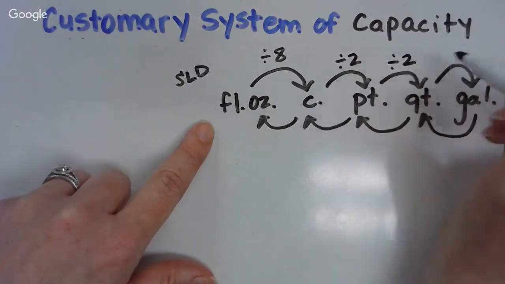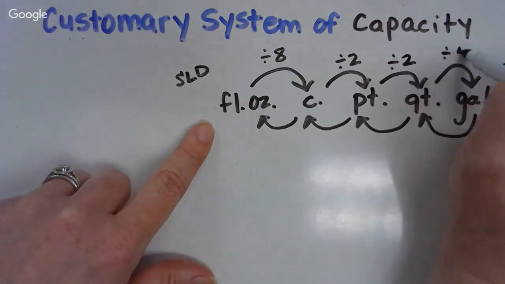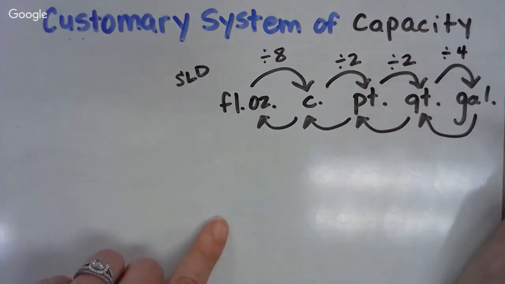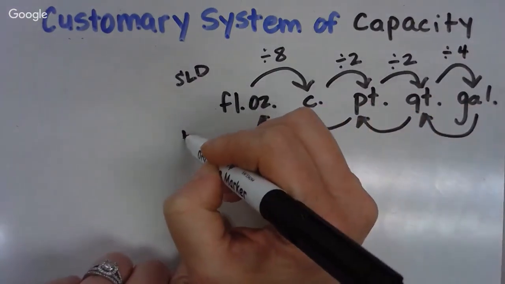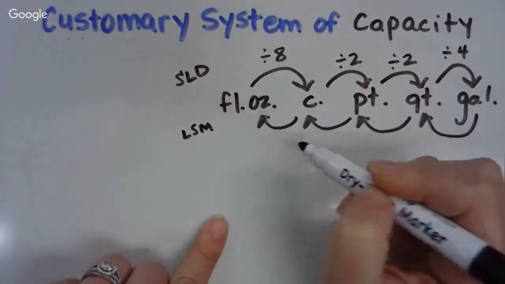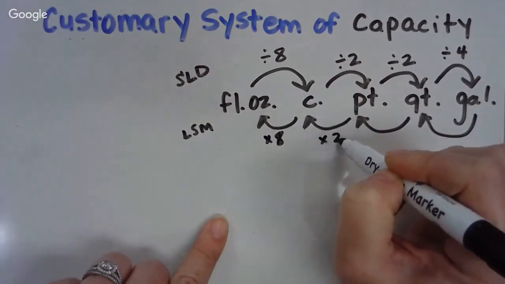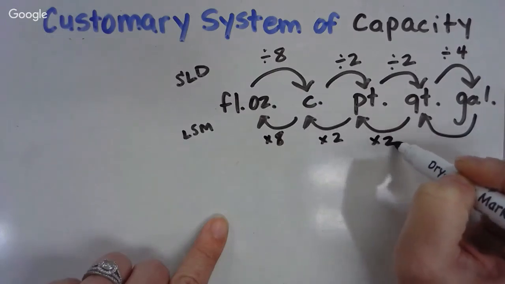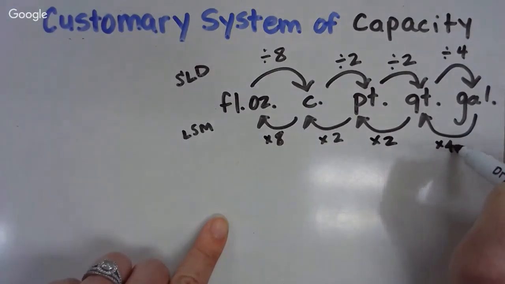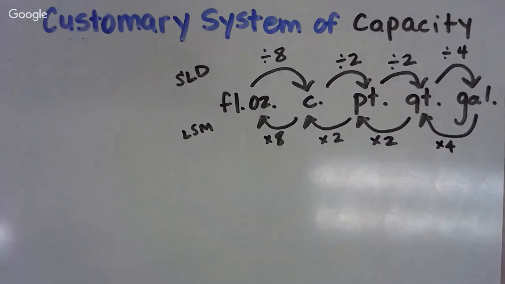There's 2 pints in a quart, and there are 4 quarts in a gallon. To go from a larger unit to a smaller unit, we multiply. So here we're going to multiply by 8, multiply by 2, multiply by 2, and multiply by 4. And with that, we have created our chart that we can utilize for any question.